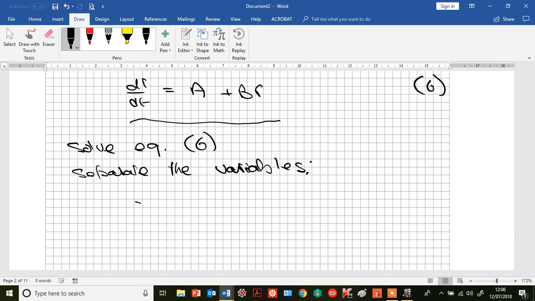Separate the variables, so we get dr over A plus Br, and we've got dt on the right hand side. We put our integral signs in, and then we can integrate.